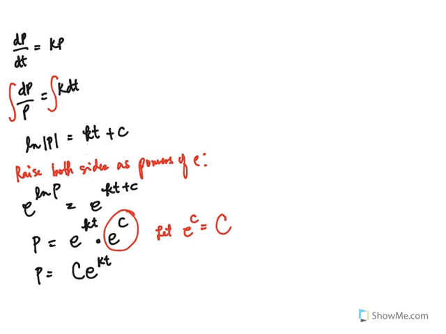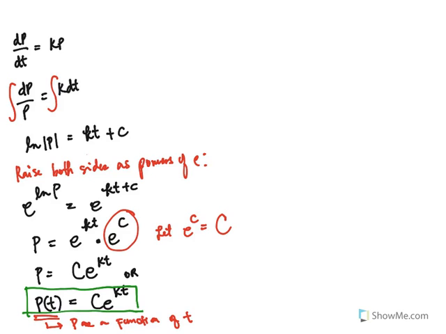Or you can rewrite it as P of t in functional form: P of t is equal to C e raised to kt. This is not read as P times t; this is read as P as a function of t. So this is what we are looking for. This is the general solution that we are looking for.